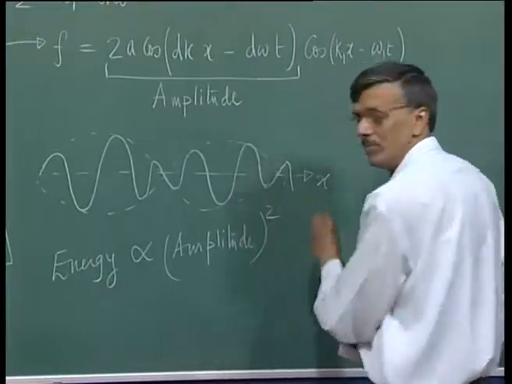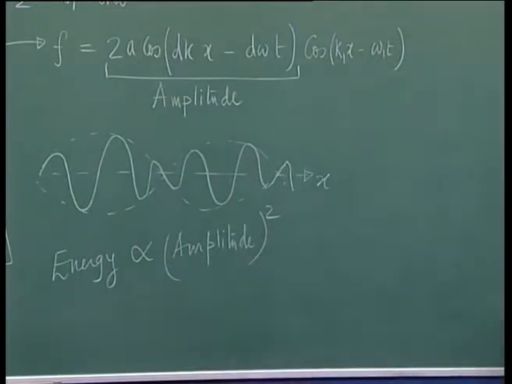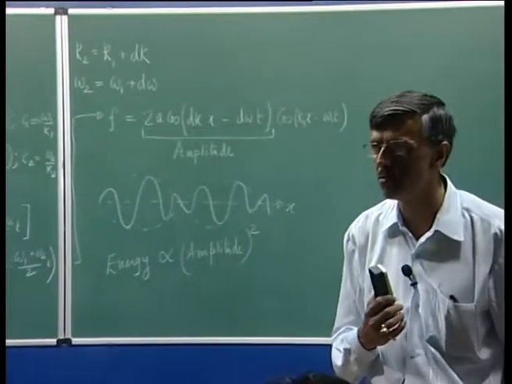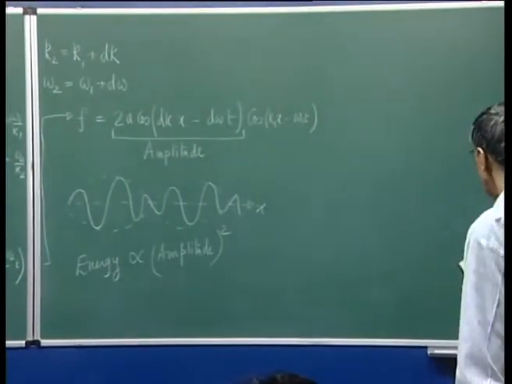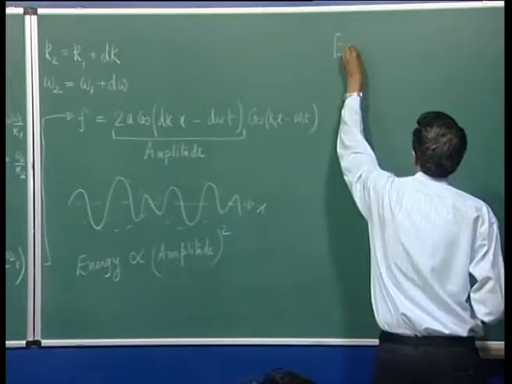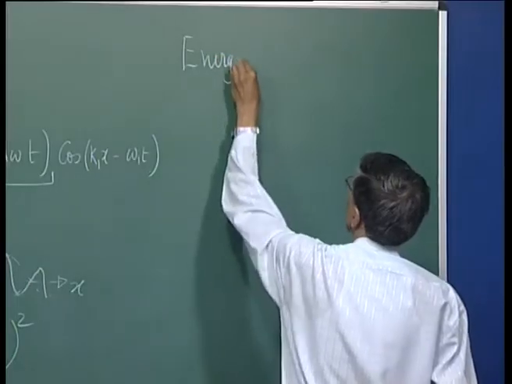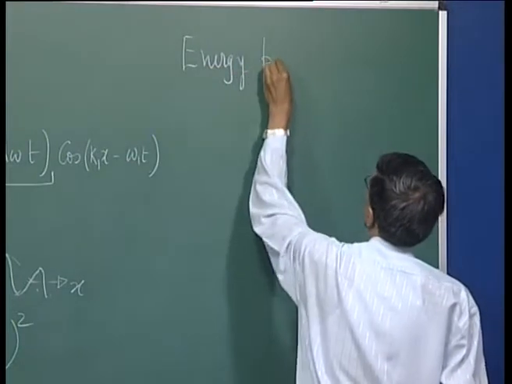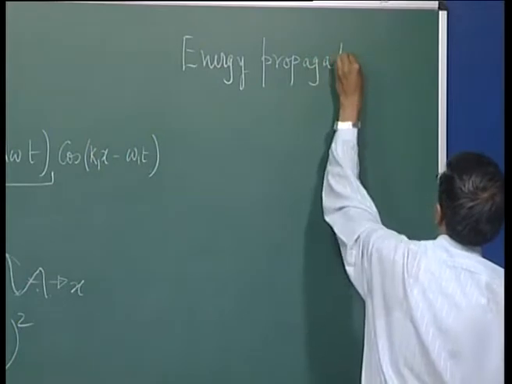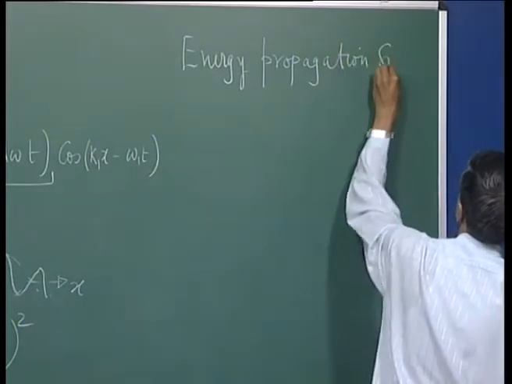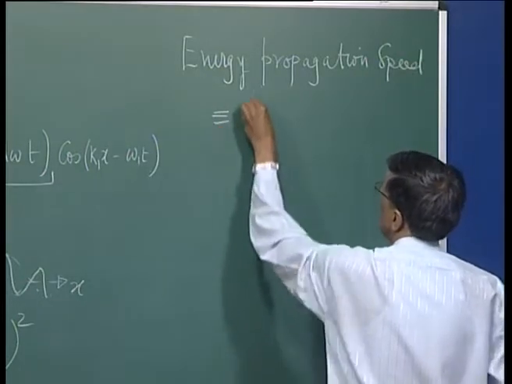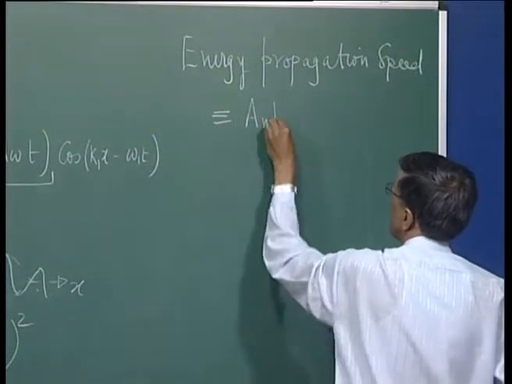So, the speed at which the amplitude propagates would also be the speed at which the energy propagates, right? So, basically we conclude that the energy propagation speed would be equal to the amplitude propagation speed.